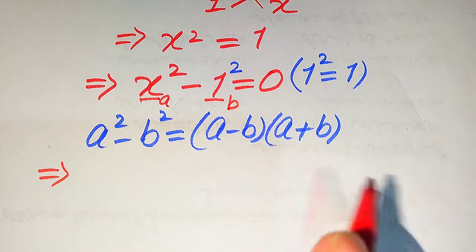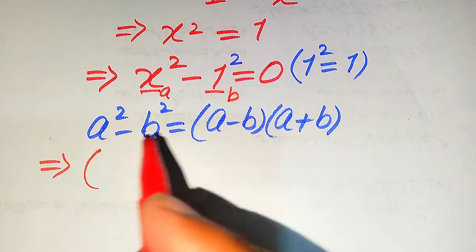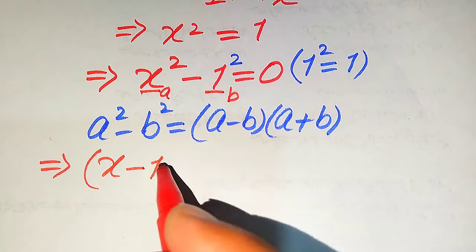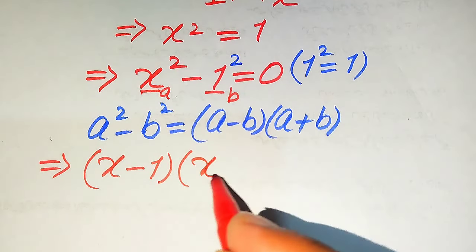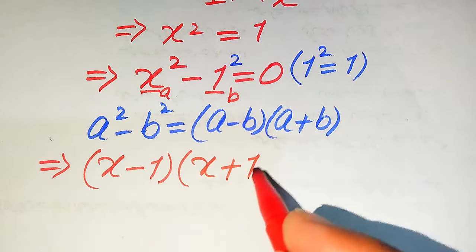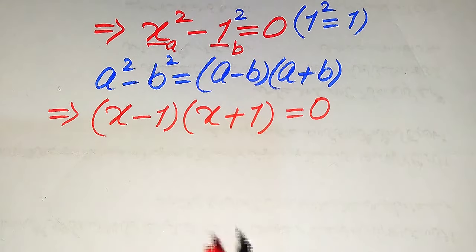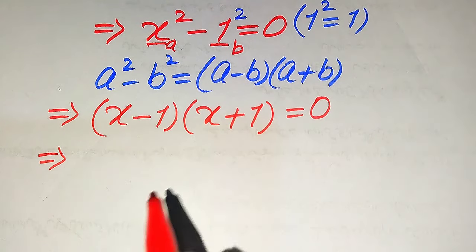After applying this formula we write our above equation as a minus b, where the value of a is x and the value of b is 1, so x minus 1, times again a plus b, which is x plus 1, and this whole equation equals 0. In the next step we divide this equation into two cases.